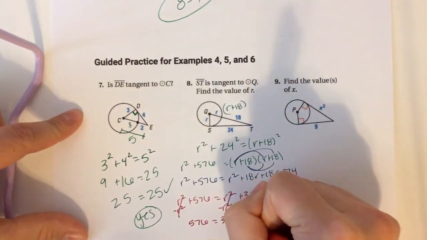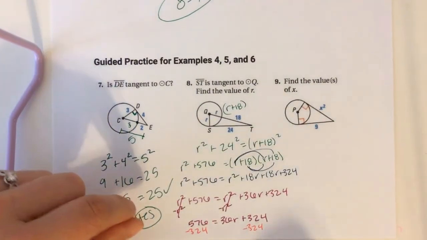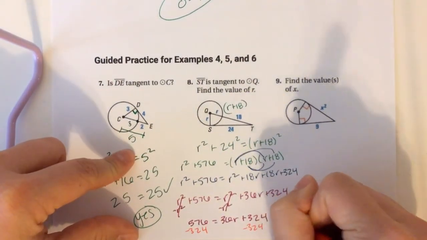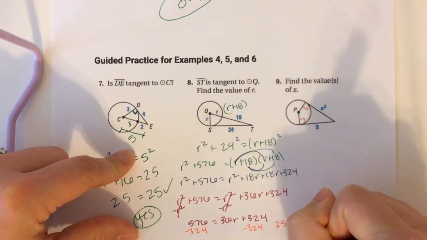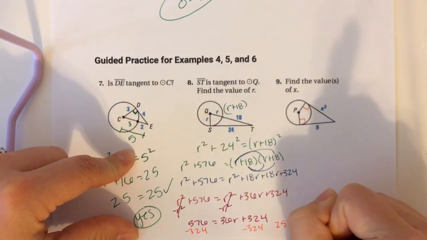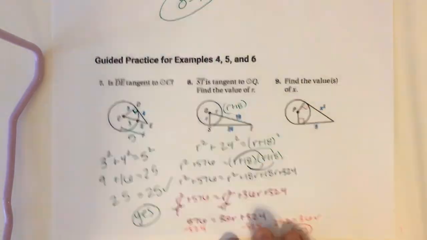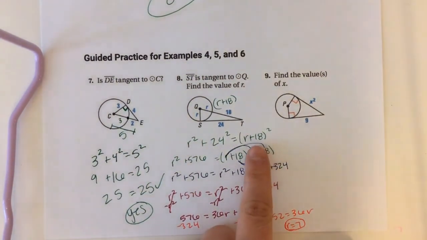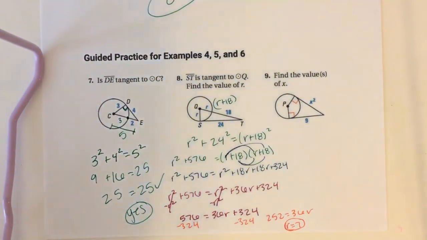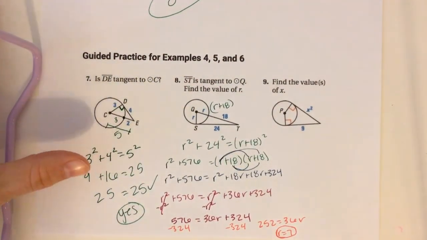We're going to subtract the 324 to get 252 equals 36r, which means r equals 7 once we divide. So it's a lot of work, but again, those are the most challenging ones. And just remember, you've got to use these parentheses so you know the FOIL there. And hopefully you guys remember FOILing from algebra. Let me know if you need help with that.